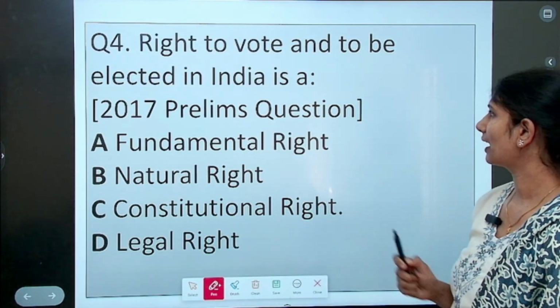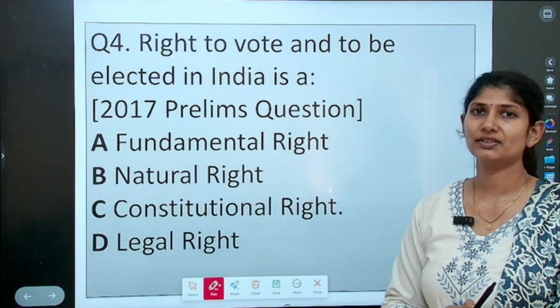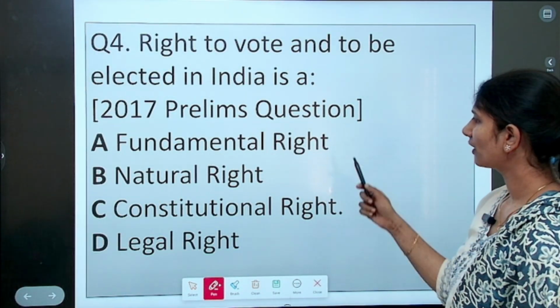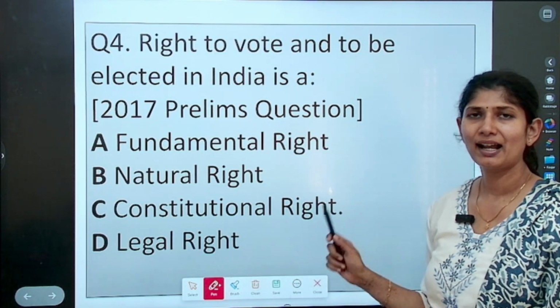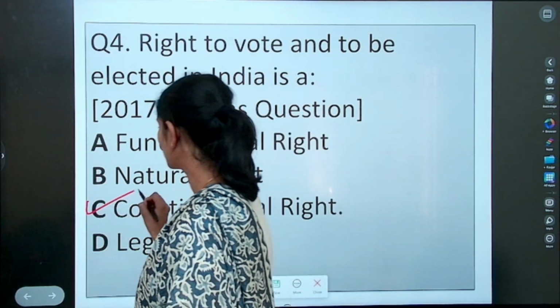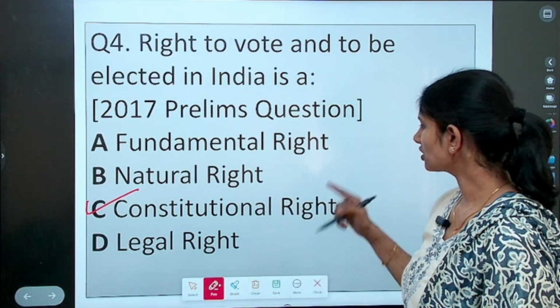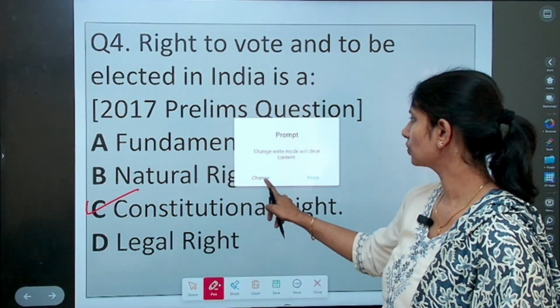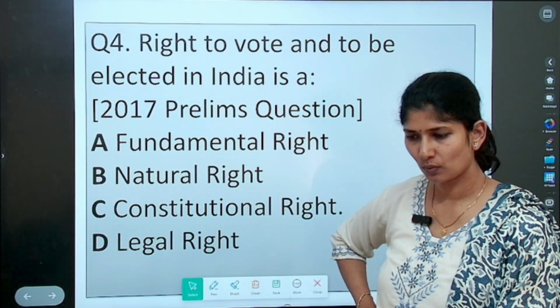Next question. Right to vote and be elected in India. This is a 2017 prelims question. A fundamental right, natural right, constitutional right, and a legal right. The correct answer is it is a constitutional right. Okay, most times people will confuse it with respect to your fundamental right. See, understand one thing.